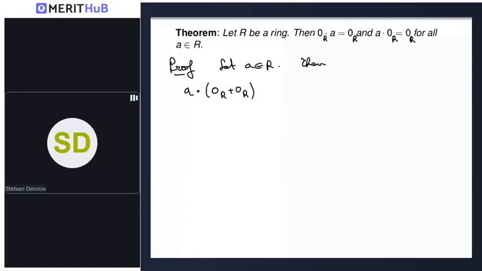I can evaluate that in two ways. First, 0R is the additive identity. So what do you get when you add 0R to anything? Is that anything? So what is 0R plus 0R then?